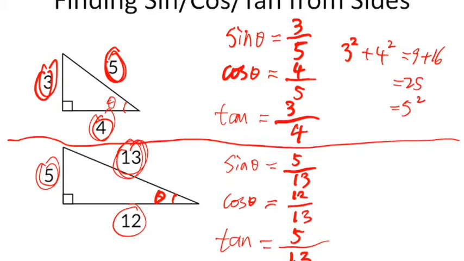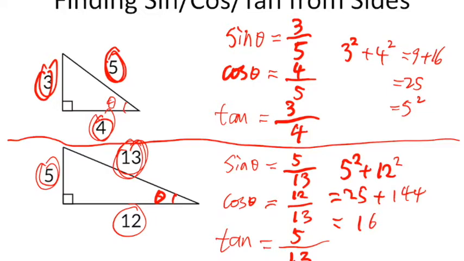So this holds. Okay, check this one again. 5 squared plus 12 squared equals 25 plus 144, which is 169, and if you use your calculator, you'll find it is 13 squared.